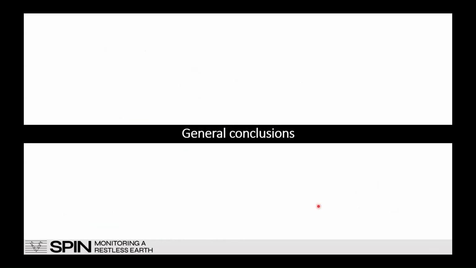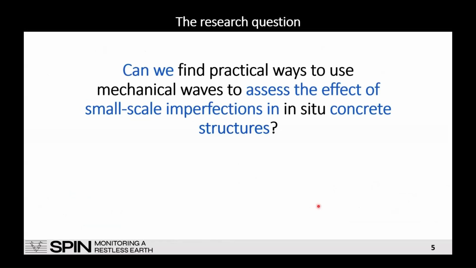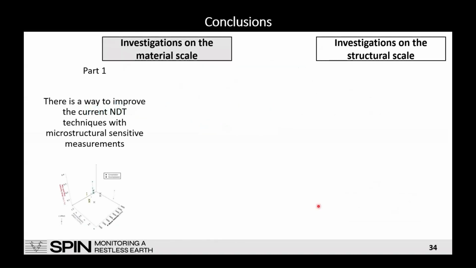The general conclusions of this work, then. Let's retake the research question: if we can find practical ways to use mechanical waves to assess the effect of small scale imperfections in situ concrete structures. So in the first part, we observed that there is a way to improve the current non-destructive testing techniques with microstructural sensitive measurements.